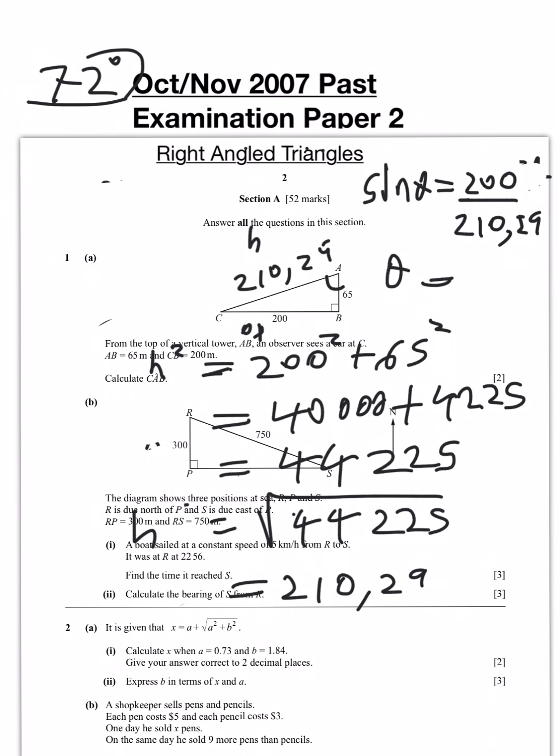Then theta is equal to arcsine of 200 over 210.29. If we punch it into our calculator, it gives us 72. So we get the same answer that we got in the beginning.